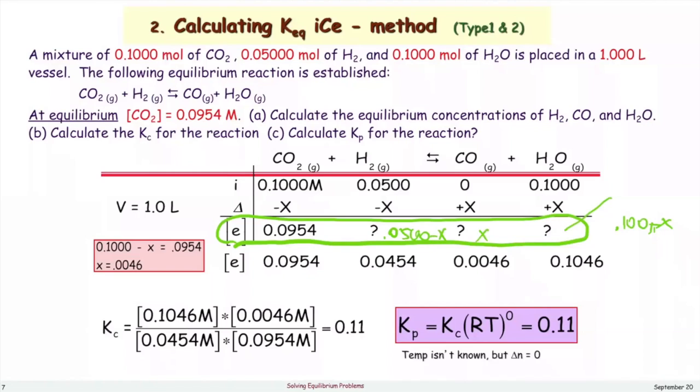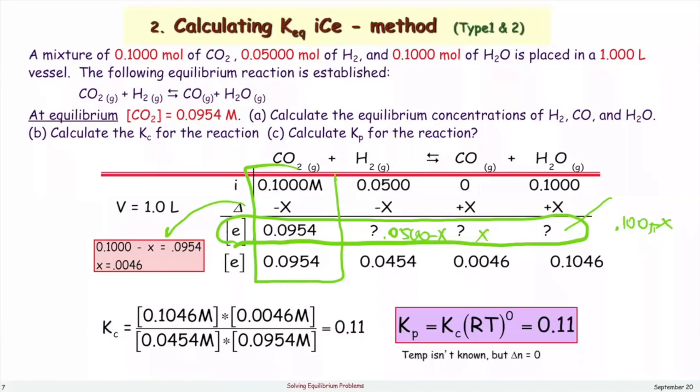If you put that in a mass action expression, then you couldn't solve it because your x values are all over the place. But if you concentrate on one particular area where you can say that 0.100 minus x equals 0.054, then you can solve for x.